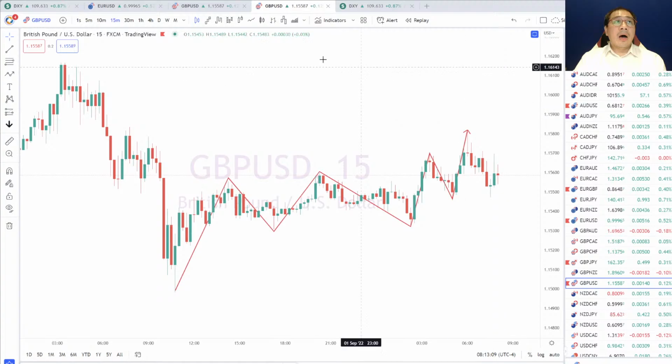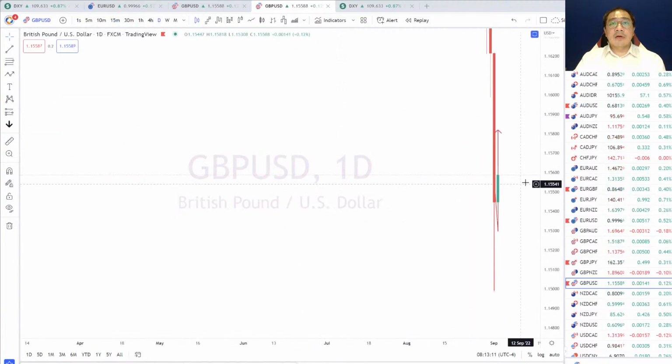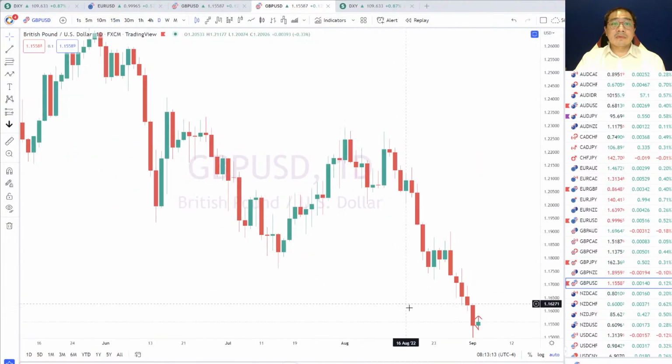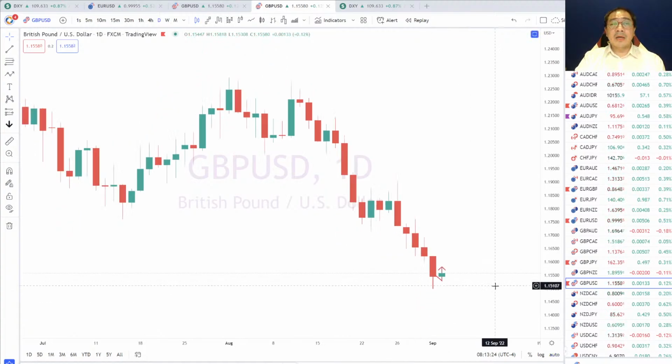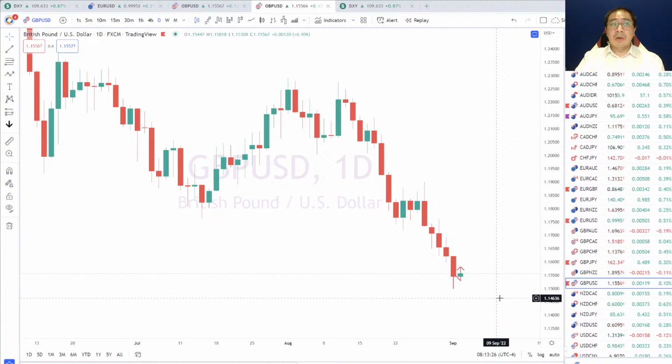Okay, let's jump back into the daily time frame. If I take a look at the whole thing that I created on the 15-minute time frame, it doesn't reflect anything. It basically reflects just yesterday and today. It doesn't really compare to the bigger outlook in the market.